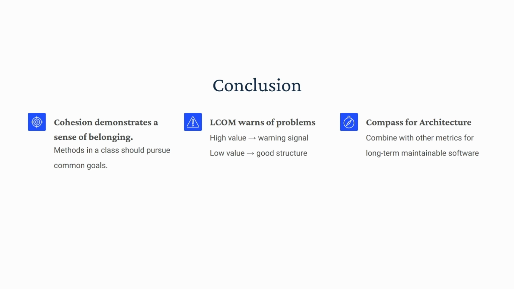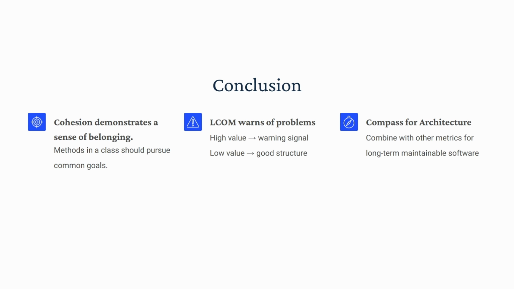Let's wrap this up briefly. Cohesion means how strongly the methods within a class belong together. LCOM measures the lack of cohesion. A high value is therefore a warning sign. A low value, on the other hand, shows the class is well structured, focused, and has a clear responsibility, so a single responsibility.